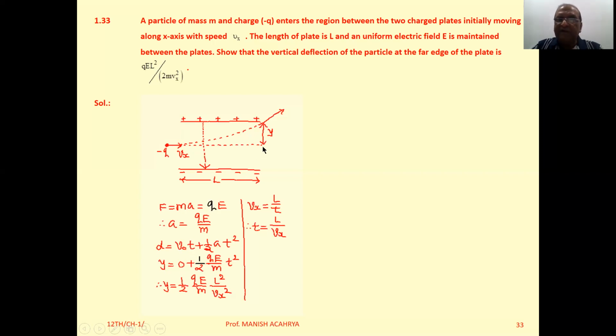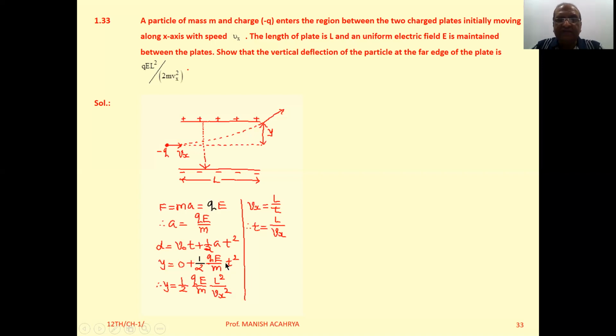And the vertical deflection is represented by y. So we can write d equal to y, equal to 0 plus half acceleration, that is qE by m, into t square. So resultantly we will get y equal to half qE upon m into t square.